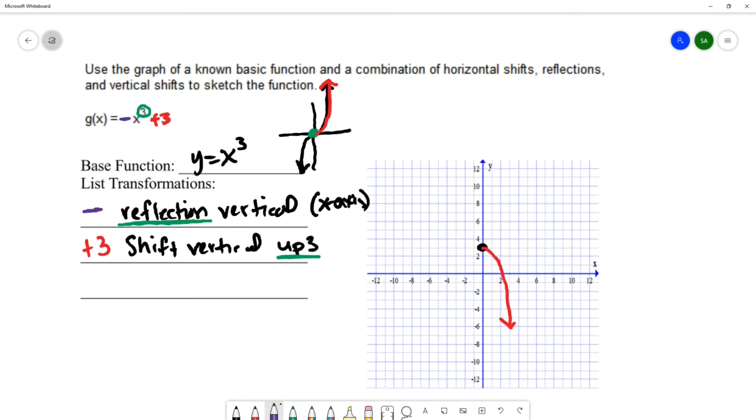And this portion that is down, the reflection will make it go up. So that gives us a sketch of our graph of g of x equals negative x cubed plus 3. So that gave us our basic graph reflected vertically and shifted up 3.